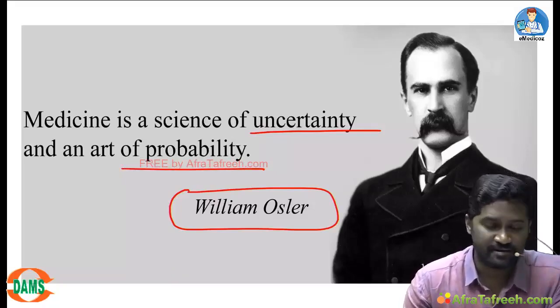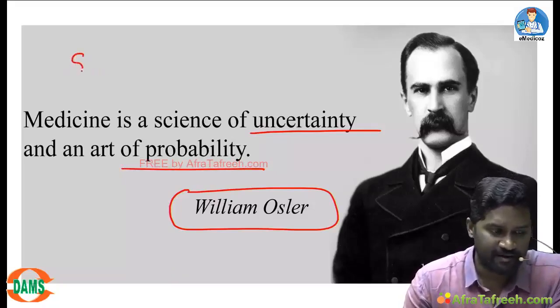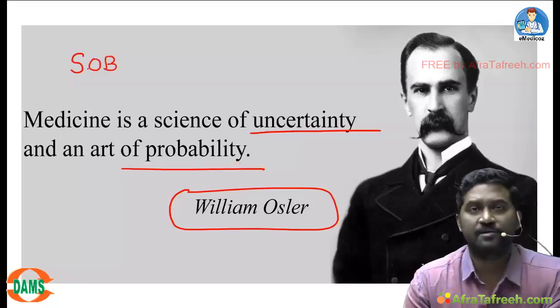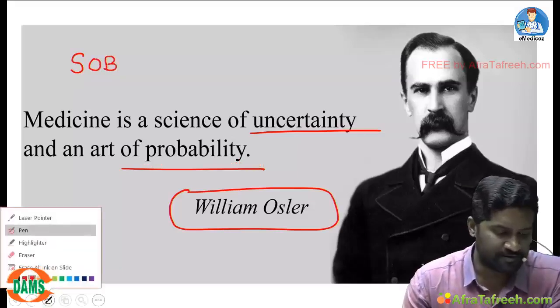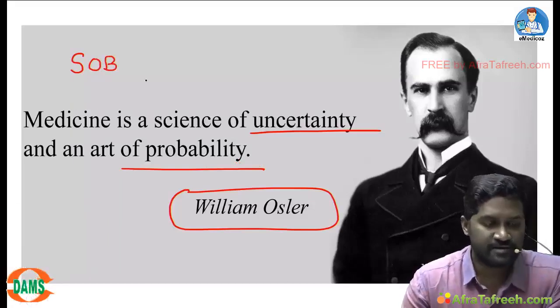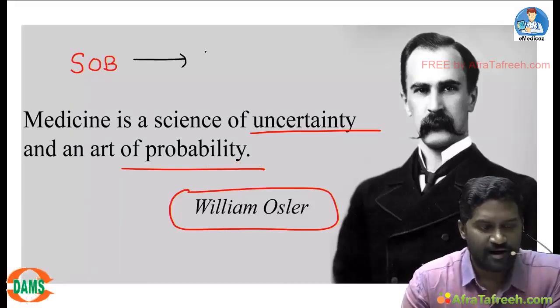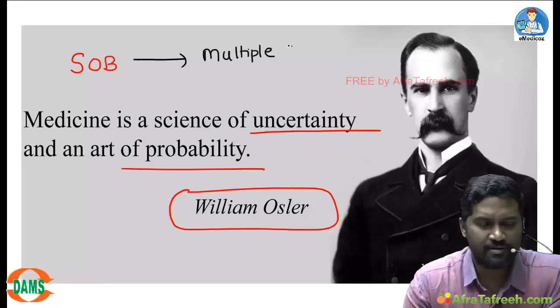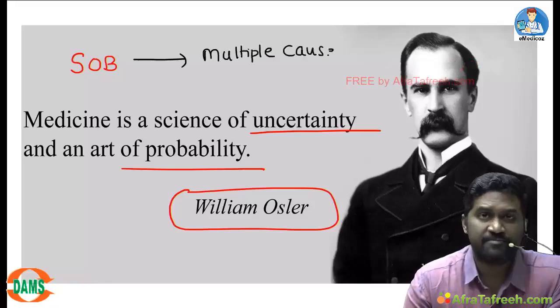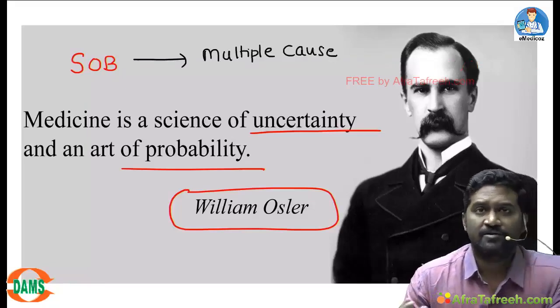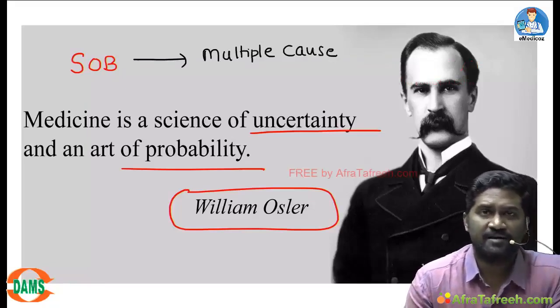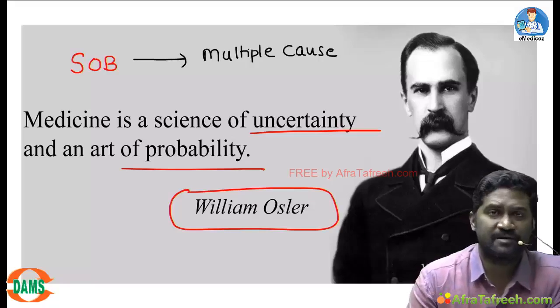What I mean here is, a patient might be having a symptom called shortness of breath. If you open the textbook, there will be 100 causes for shortness of breath. There will be multiple causes, starting from respiratory system causes, to metabolic system, cardiac system, renal system, GIT system.